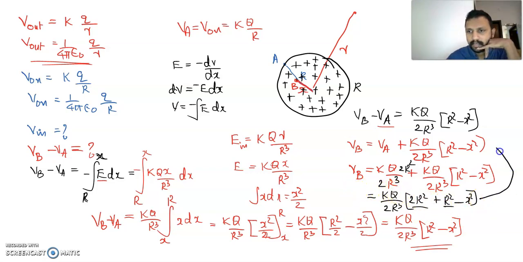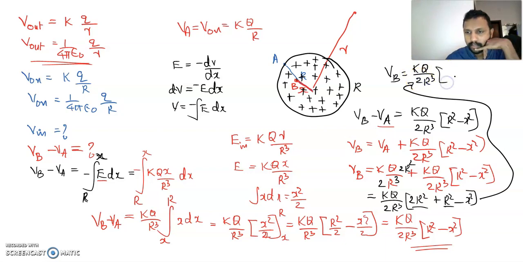Therefore let me write it over here. That is, we will get potential at the point B is equal to kq divided by 2R cube into 3R square minus x square. Okay, what is potential at the point B? Potential at the point B is potential inside.